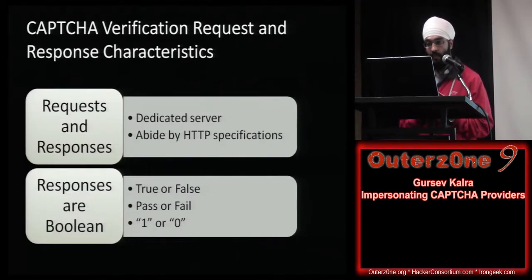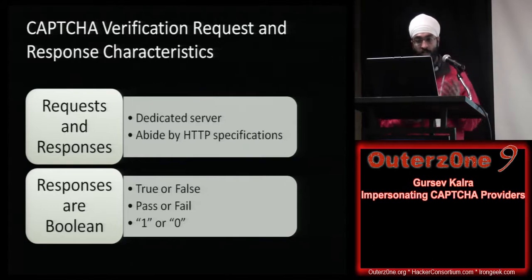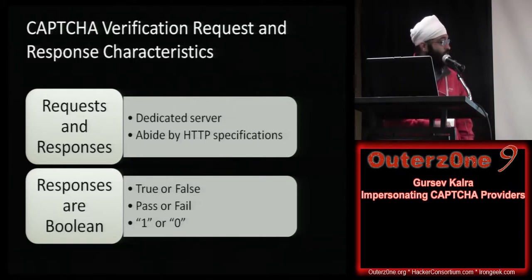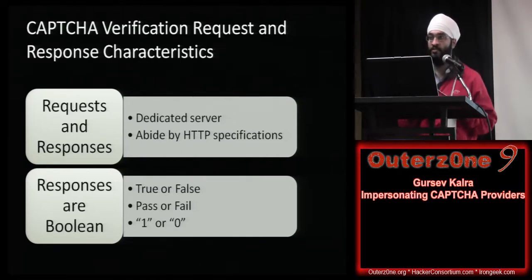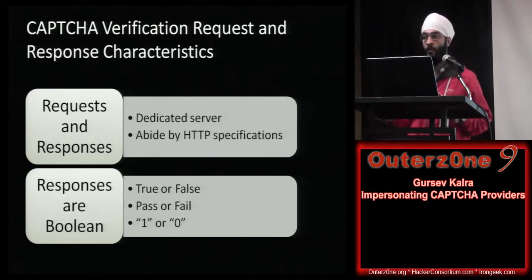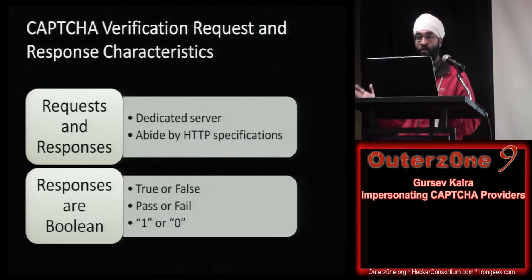So, CAPTCHA verification and request and response characteristics. There is a dedicated server all the time, and it has to abide by HTTP specifications. That makes writing the tool a little easier. And the responses are true or false, pass or fail, 1 or 0. So they are primarily Boolean. That helps us write a generic tool that can impersonate any CAPTCHA provider, because the responses are going to be 0 and 1.